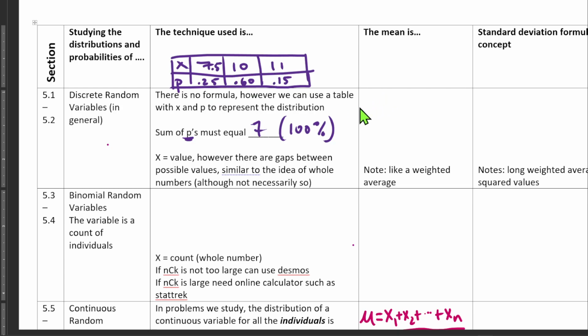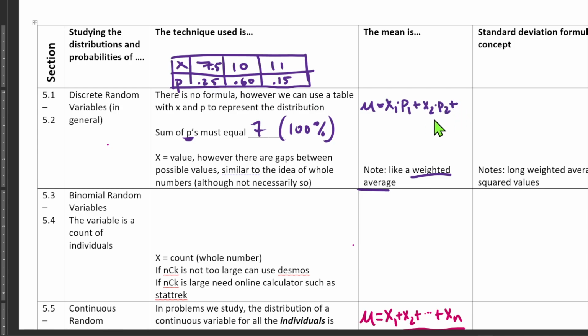That's one of the classic questions. So the mean is like a weighted average. And what that really just means is that you take the first x value, we'll call it x1, which would be 7.5 here, and you times that by its probability. We'll call that p1. That would be 0.25. And you add that with the next one, x2 times p2.